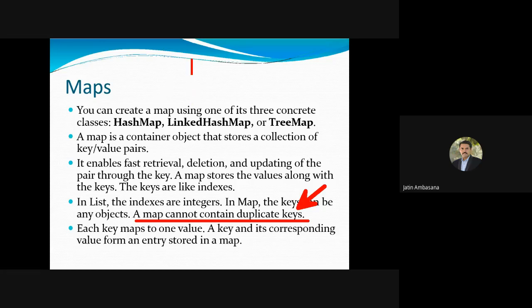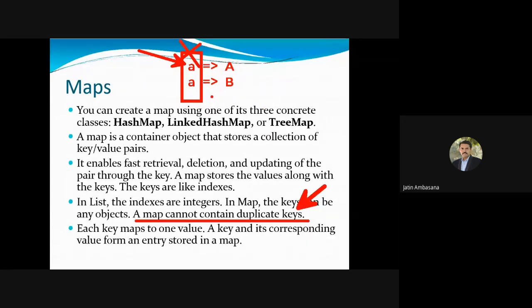So if you say, I have a key A and the value is A, and now I have another key A for which the value is B, obviously the compiler, the JVM, would get confused about which value to retrieve when you say key A. Understand? So that's why the keys are not allowed to be duplicated.